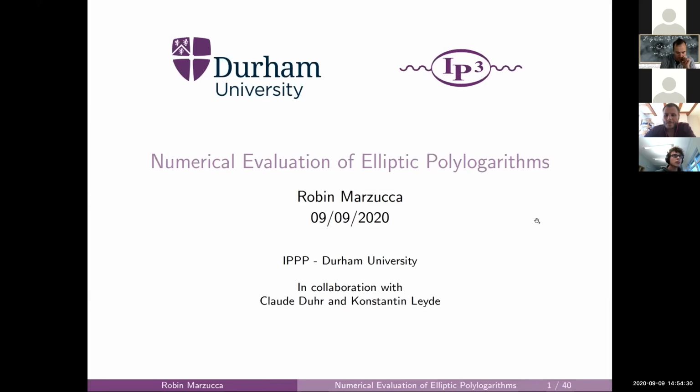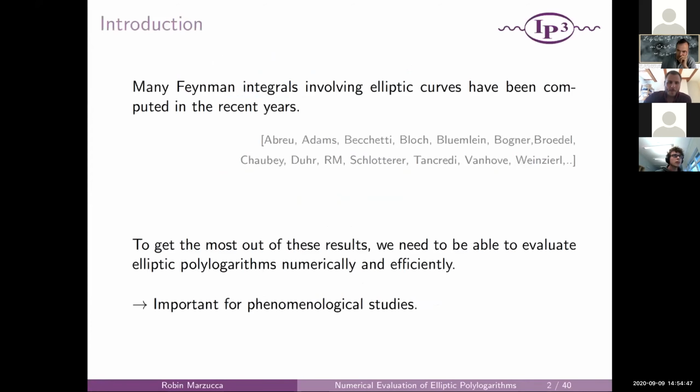Thank you to the organizers for setting up this conference and for inviting me to present my recent work here. Today we're going to talk about numerical evaluation of elliptic polylogs. The motivation is the same: we have made a lot of great progress in Feynman integrals that contain elliptic sectors.